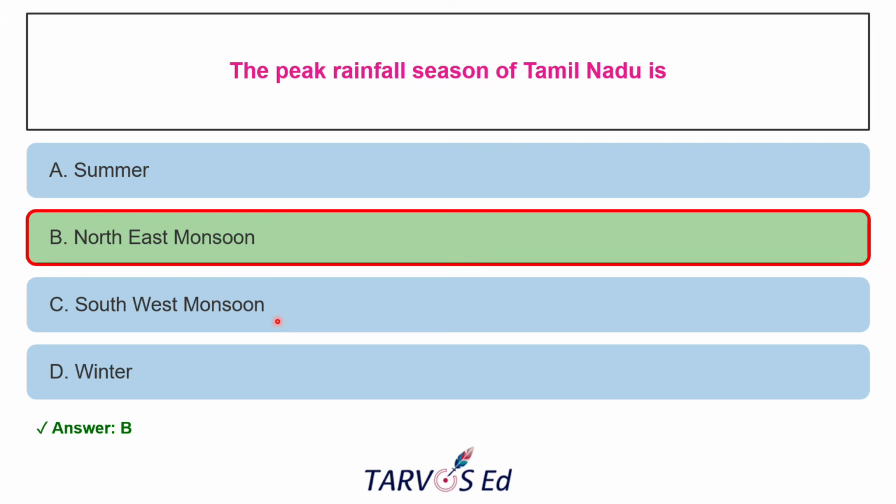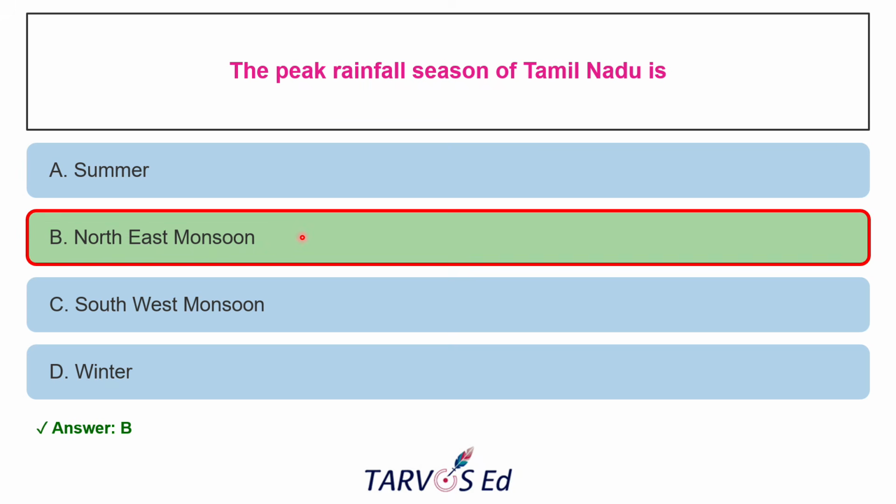But during that period, Tamil Nadu will get only 32% from this monsoon. Okay, so Tamil Nadu peak rainfall, that is around 48% of annual rainfall usually comes from northeast monsoon. That usually happens from October to December.